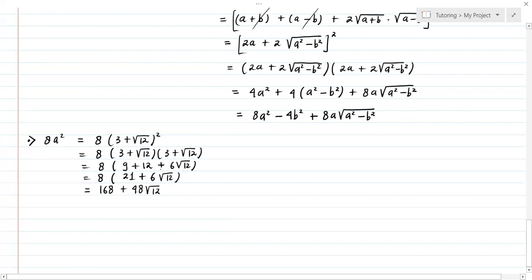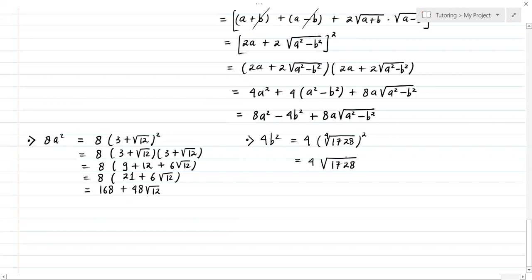Okay, and then we want to evaluate the value of 4B squared. The value of B is equal to the quartic root of 1728, squared. So it will be 4 times root of 1728.